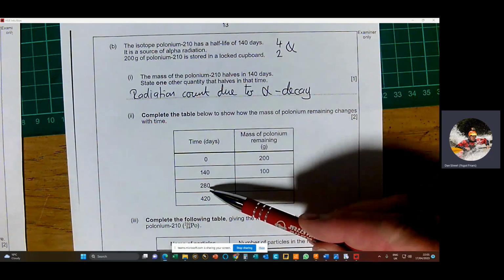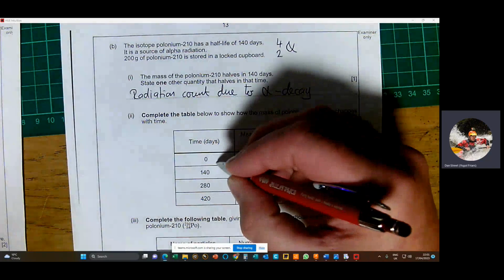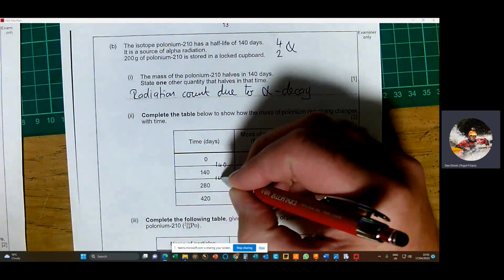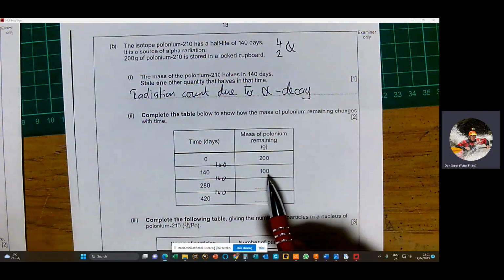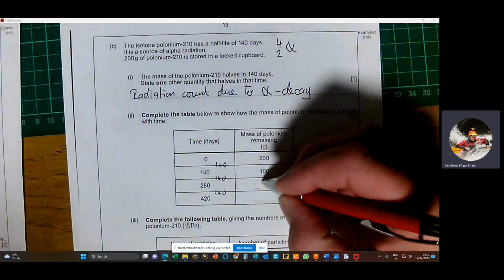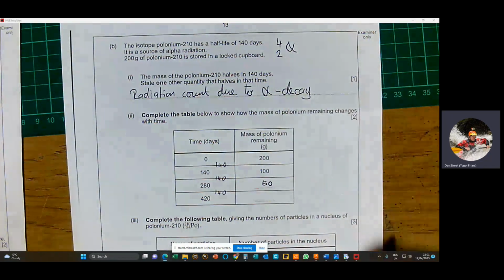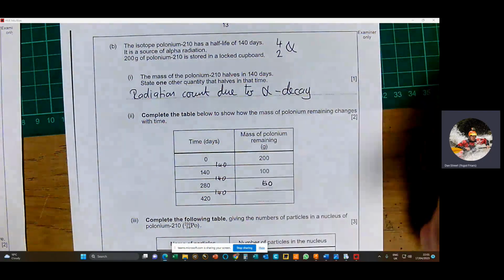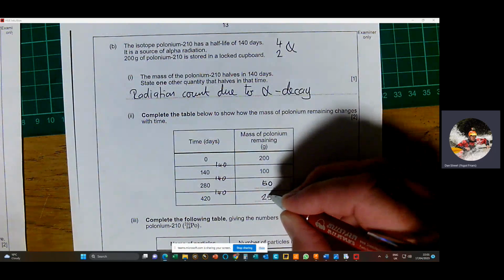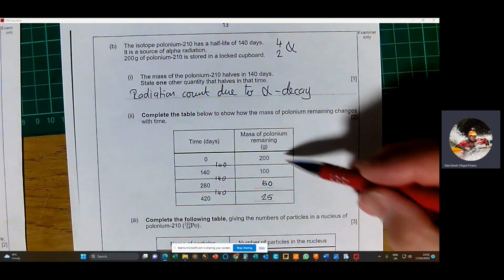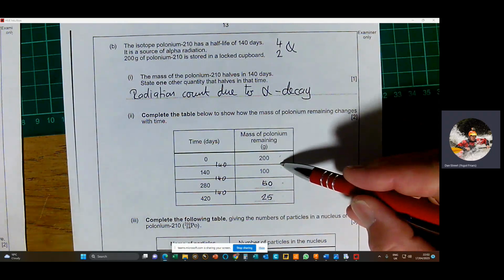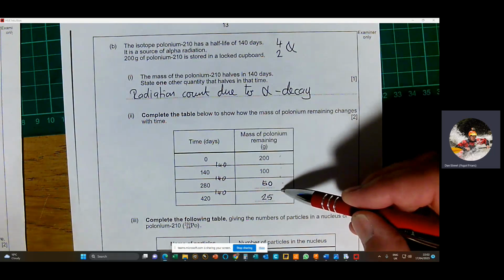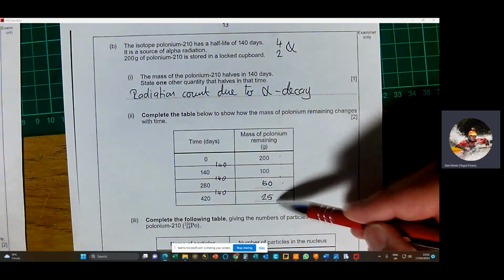If you went back after another 140 days, because each of these is a 140 day gap between them, then you would find that it's not 0, it's actually 50, because half-life means exactly that, half of it disappears. And another 140 days later, you would find there was 25 left. So every 140 days for this particular radioactive isotope, the amount of polonium-210 halves. So 200, 100, 50, 25.